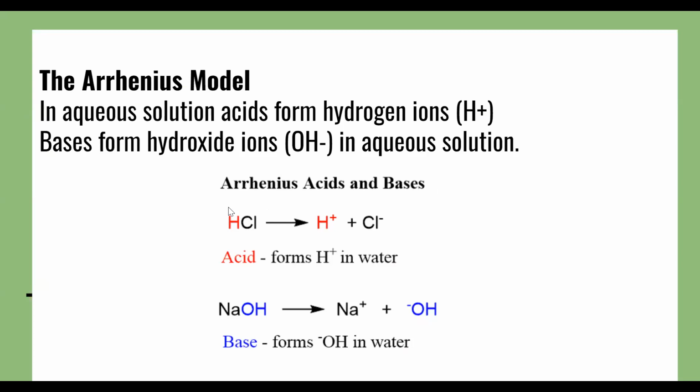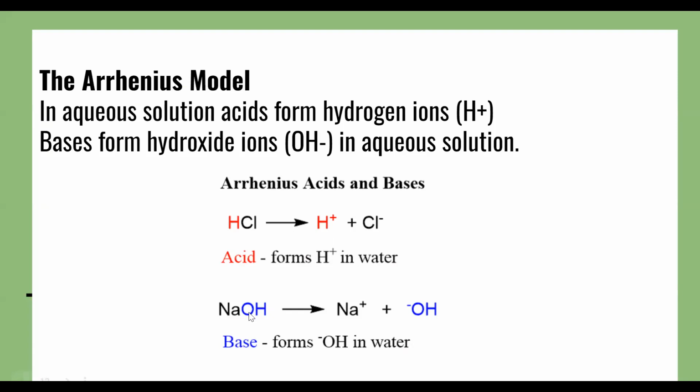There's the Arrhenius model. According to Arrhenius, in aqueous solution, acids form hydrogen ions. Bases form hydroxide ions in aqueous solution. So that means Arrhenius is saying that acid has to be a hydrogen-containing compound, because being a hydrogen-containing compound, in solution, they give off hydrogen ion.